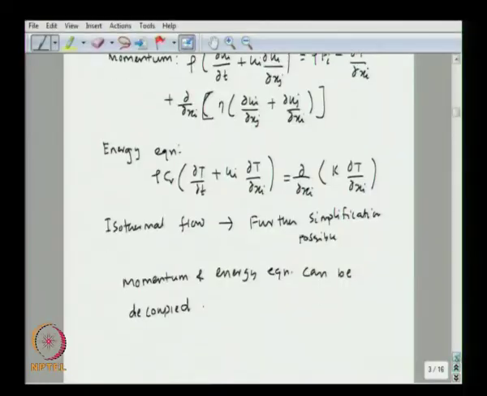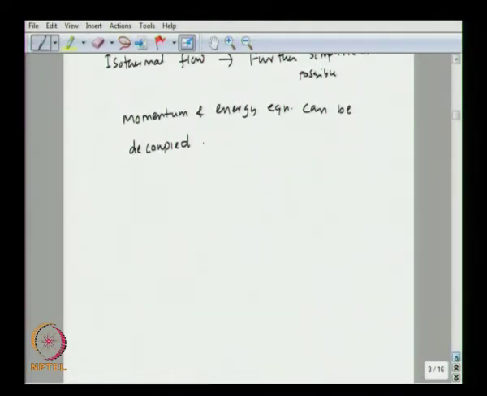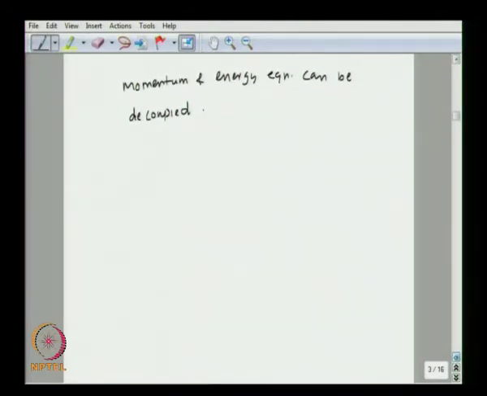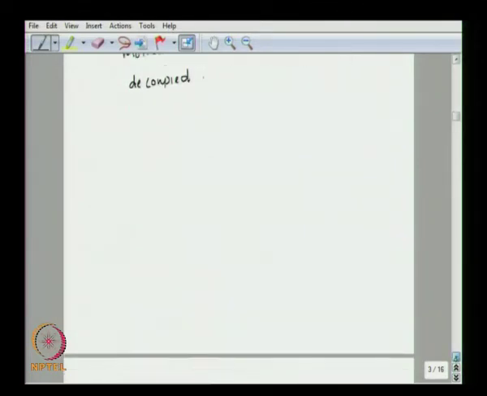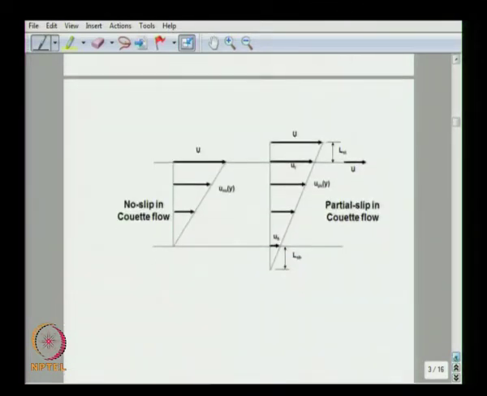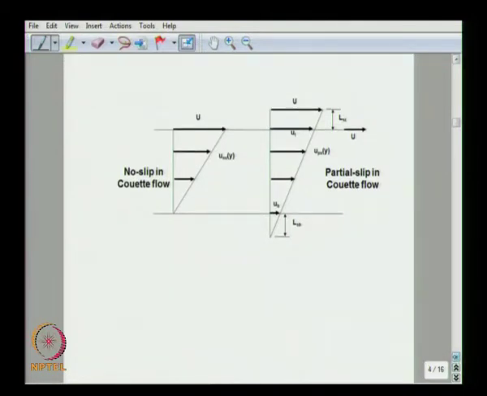Now, if you want to generalize the no slip or slip boundary condition at the fluid solid interface, that can be done using the Navier boundary condition. Okay. So, let us talk about the Navier boundary condition in slip theory.